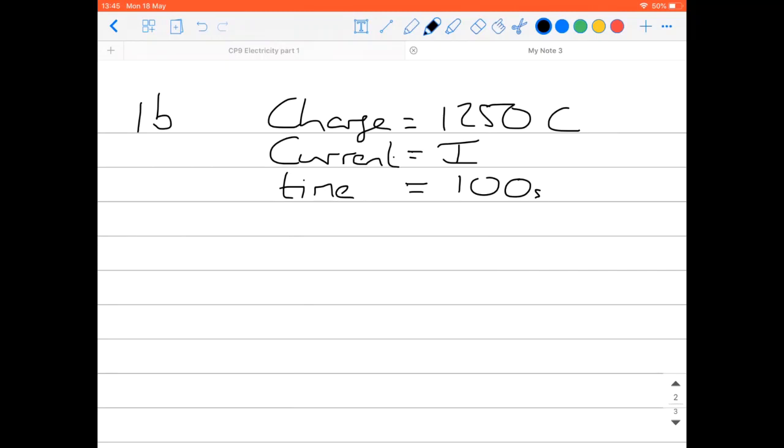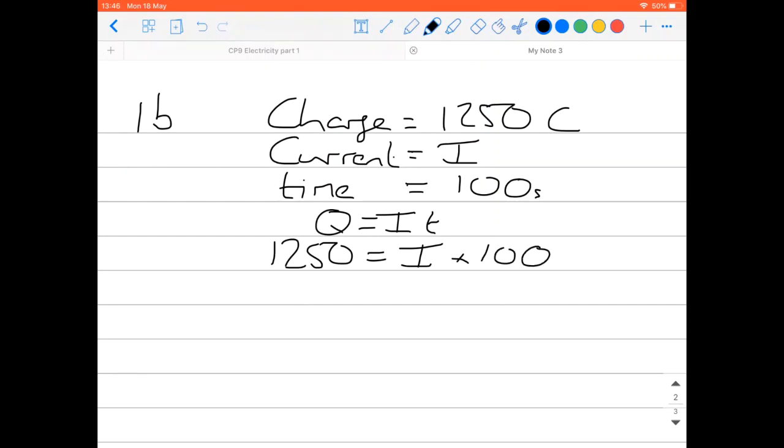Okay, again I'm going to write out the formula. This time I'm just going to write the short version. Q equals IT. So Q is 1,250. I, we don't know, so we leave the symbol. And T is 100 seconds.